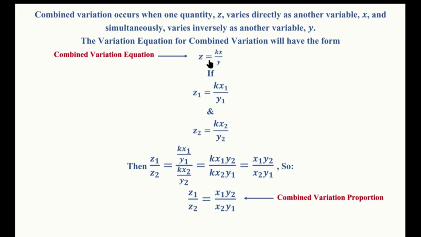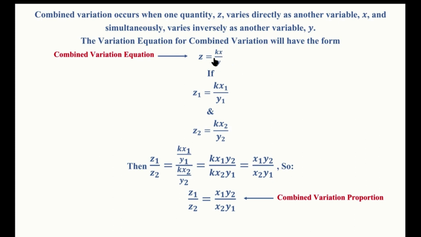And if you only had Z varies inversely as Y, you would have had Z equals K over Y. Now you have both, so what do you get? You get Z equals KX, that takes care of the direct variation with X, and then over Y, which takes care of the inverse variation with Y.